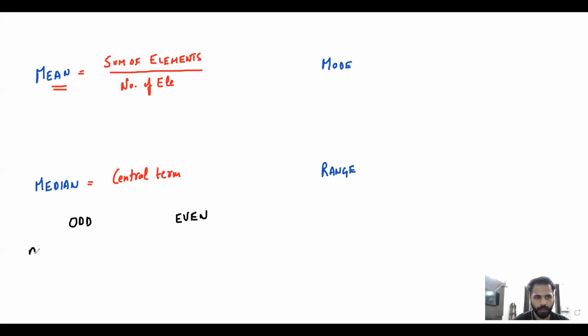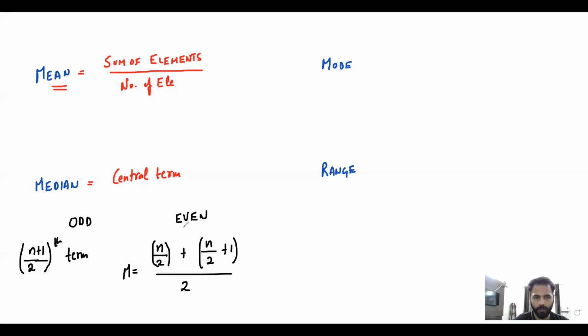For odd, the central term was n plus 1 by 2th term. For even, we have 2 central terms, n by 2th term and n by 2 plus 1th term, and we have to take the average of the 2 terms. This was the median if your number of elements were even. This was the median if the number of elements were odd.